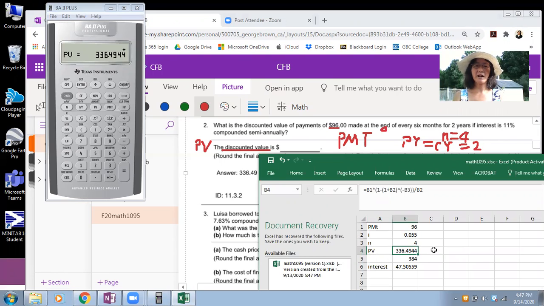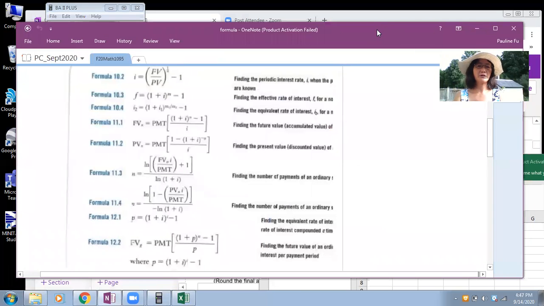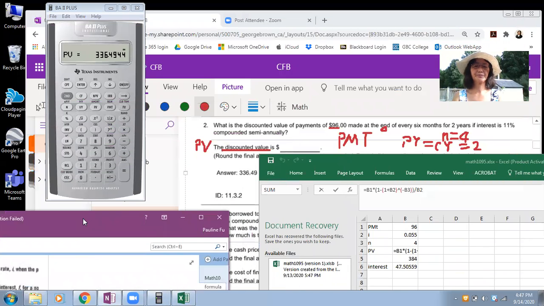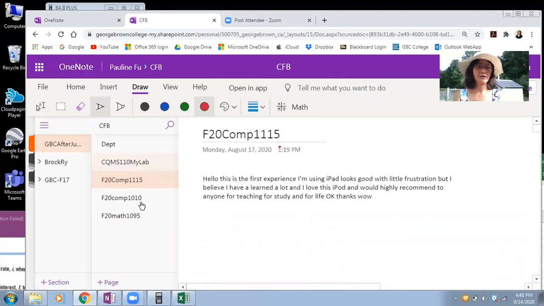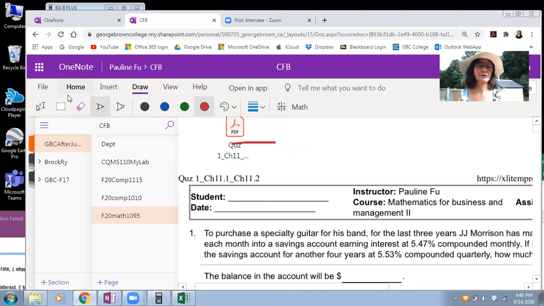And then you automatically get PV equal to $336 because I already put up the formula. See, this is the formula, 11.2. So this is a discount. Discounted value is also the present value.